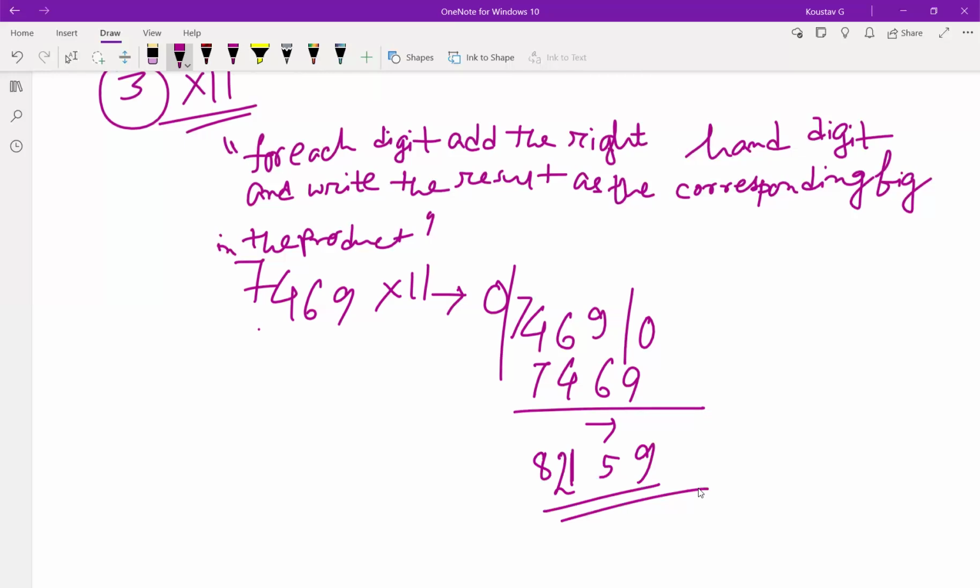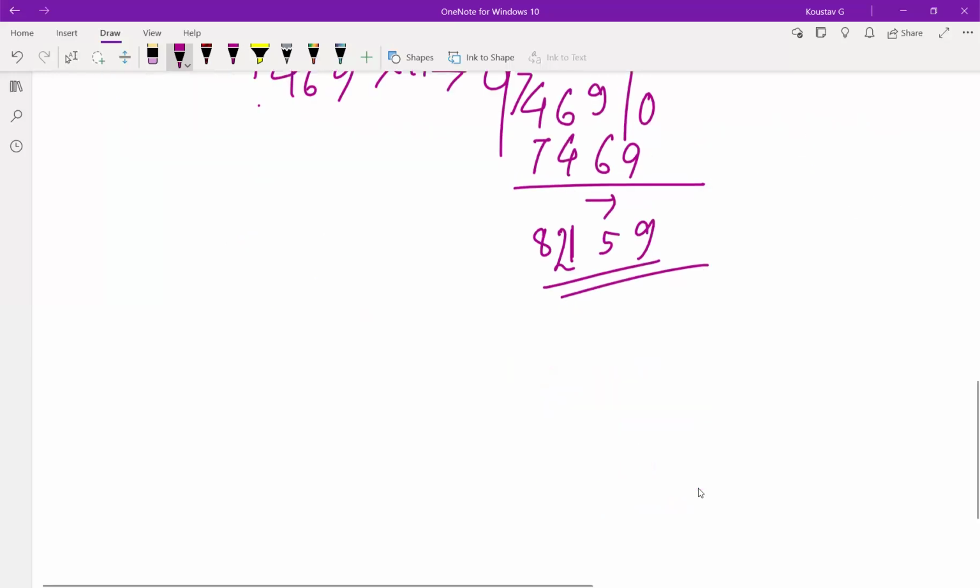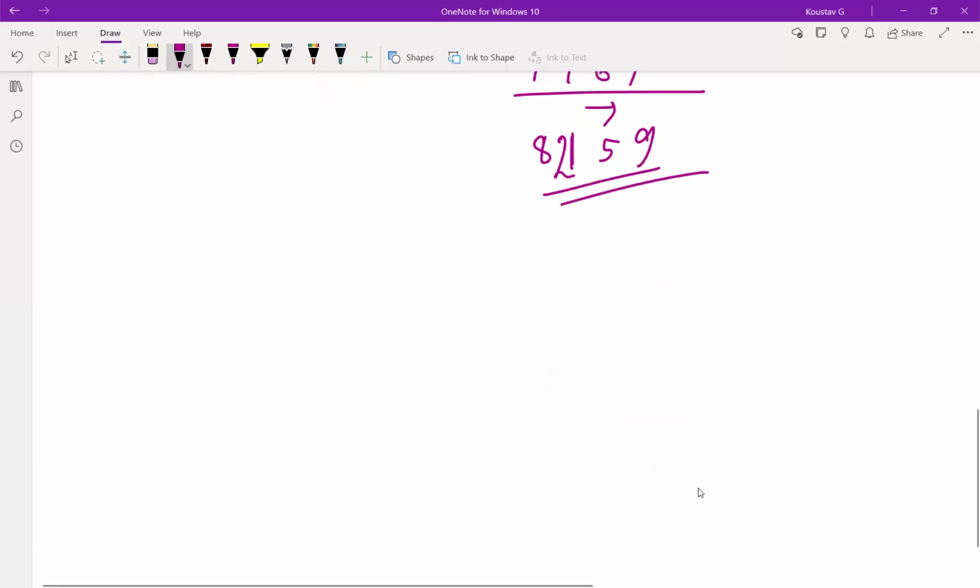Now I will tell you another one. Suppose 11 multiplied by 11.